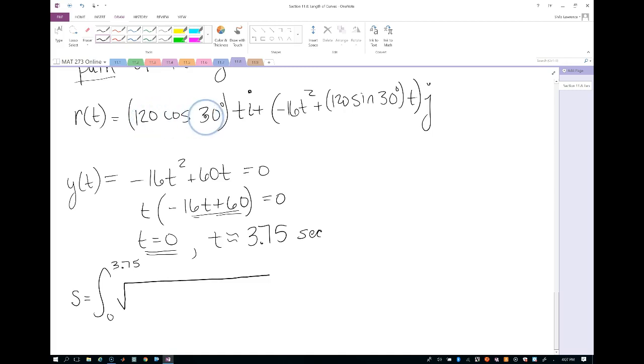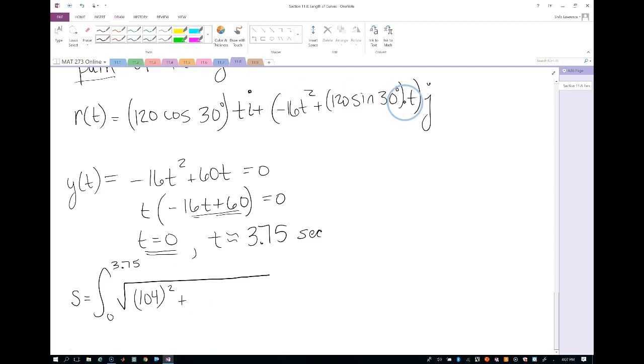derivative of our r of t function. Cosine of 30 degrees is radical 3 over 2, but I'm just going to go ahead and simplify that to a decimal. And I've got about 104. So this really is just 104t. Its derivative is just 104.